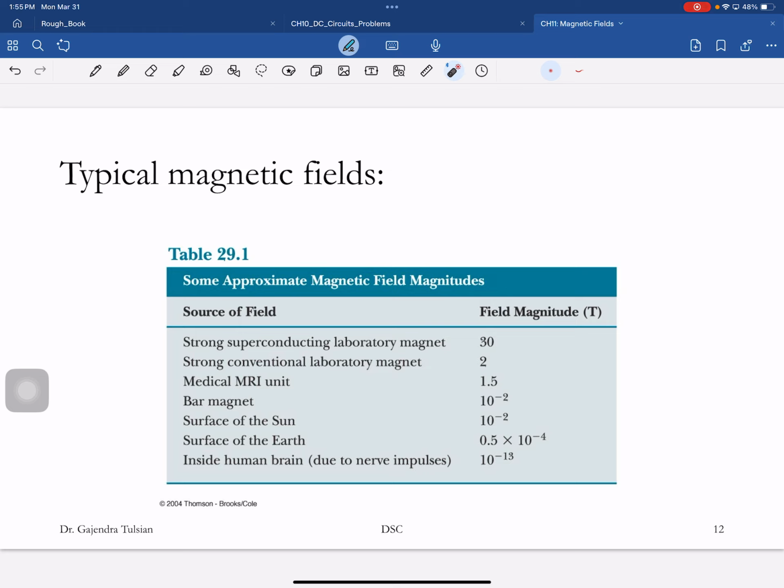A medical MRI machine has about 1.45 Tesla. The stronger the field, the higher the resolution of the image, and the higher the cost of the MRI. So a cheap MRI probably has a 1 Tesla magnetic field, and an expensive MRI has a 3 Tesla magnetic field.